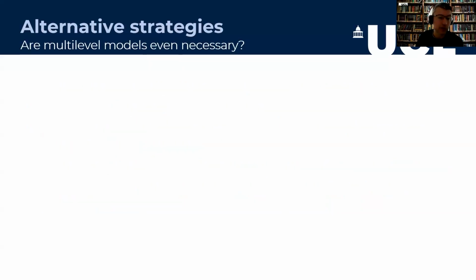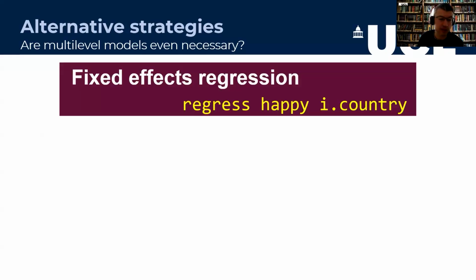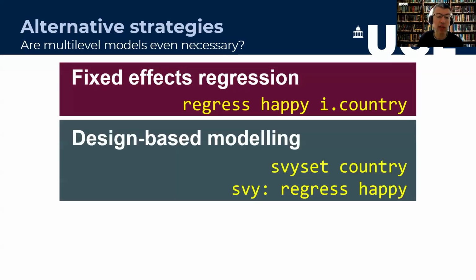So in theory, there are alternative strategies to multi-level models. One could ask, could we just look at other strategies, or, for instance, just use fixed effects where we account for the countries that we have?